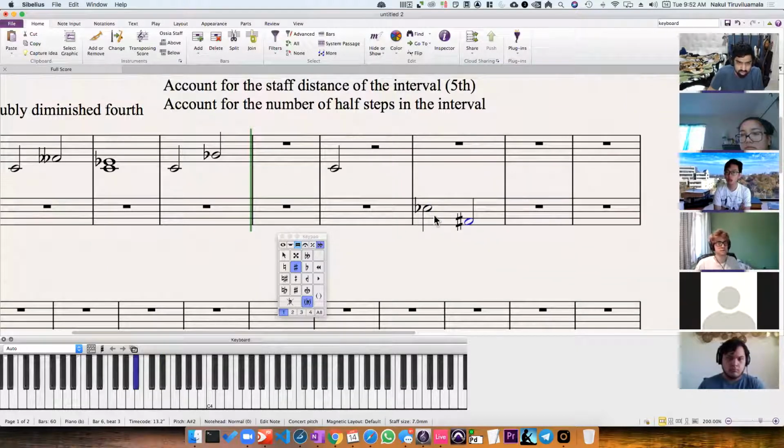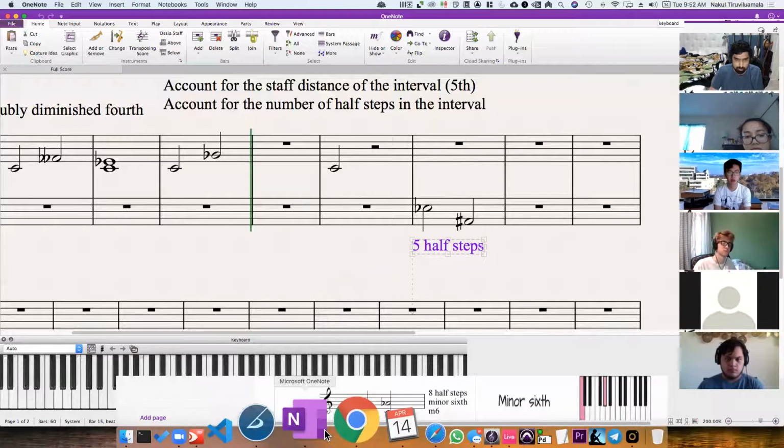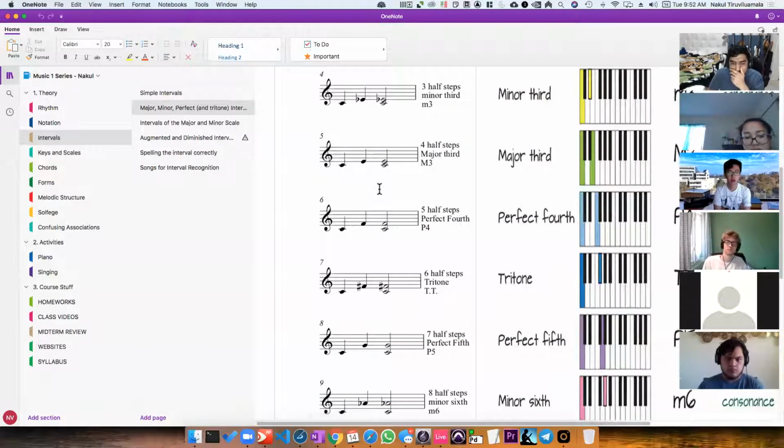So in this particular case, E flat to A sharp, it basically has a distance of 1, 2, 3, 4, 5 half steps, right? Okay, 1, 2, 3, 4, 5.